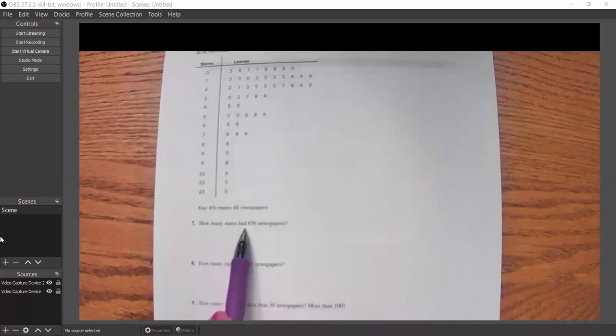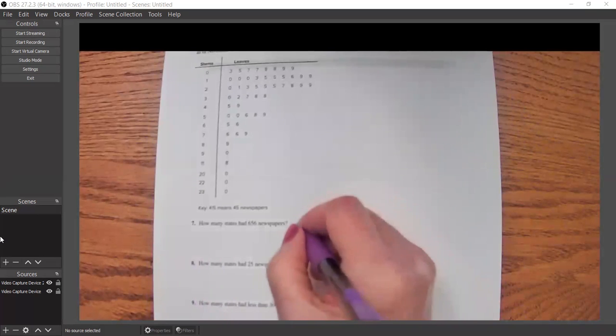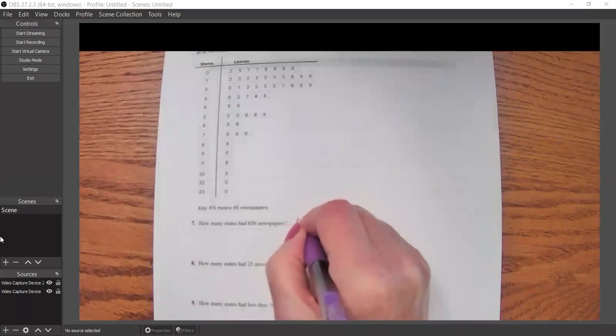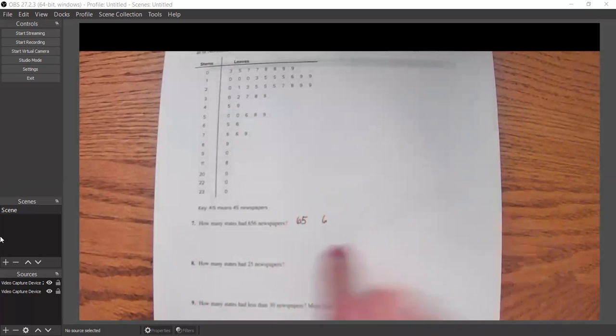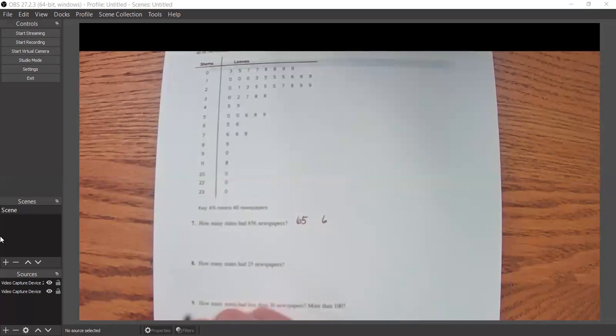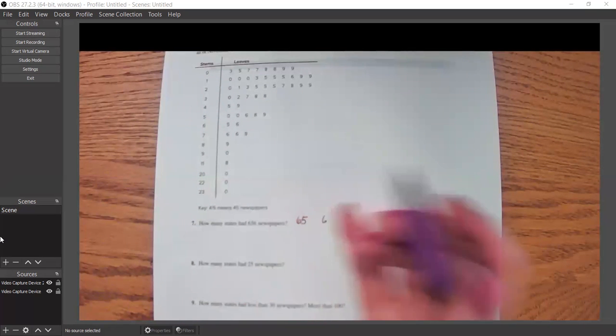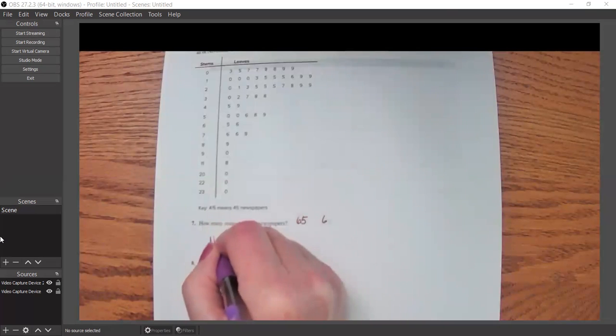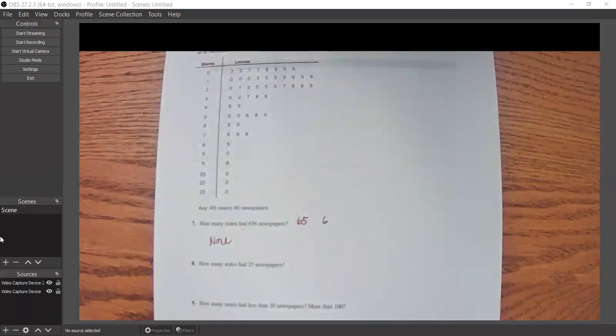So how many states had 656 newspapers? That would be a stem of 65 and a leaf of 6. As we look at our chart, none of them have a stem of 65 and a leaf of 6. So we would say none. No states had that many newspapers.